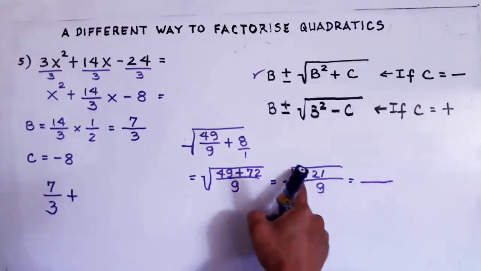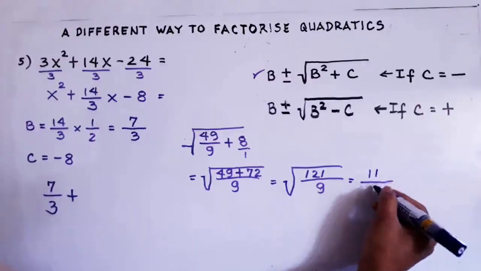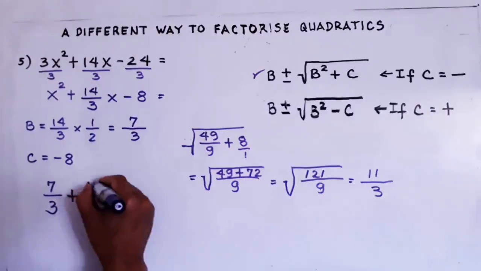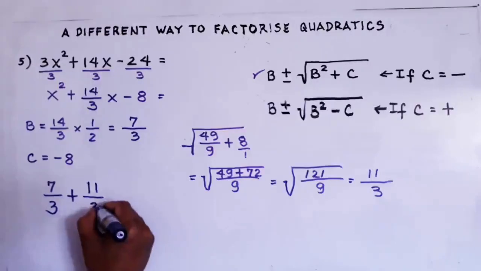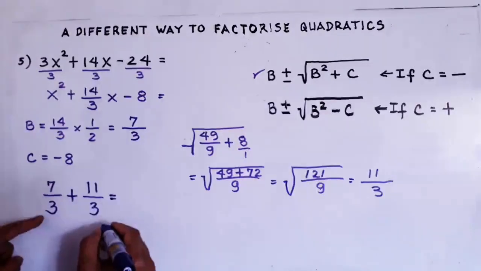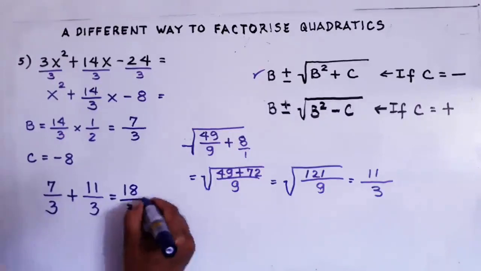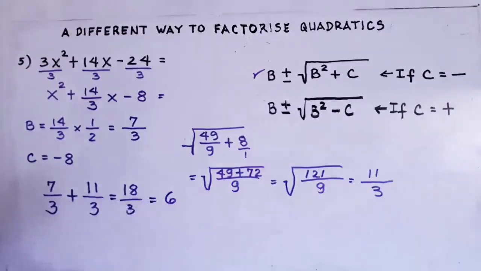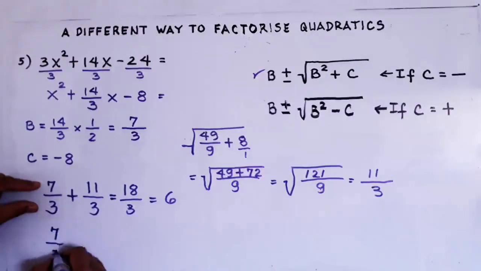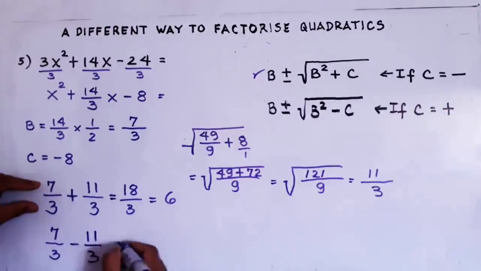Now if we can take the square root of this one and square root of this one, then do it. Square root of 121 is 11, square root of 9 is 3. So here we're going to put 11 over 3. So we have 7 plus 11 is 18, divided by 3, so we have a 6 here. The other one is 7 over 3 minus 11 over 3.